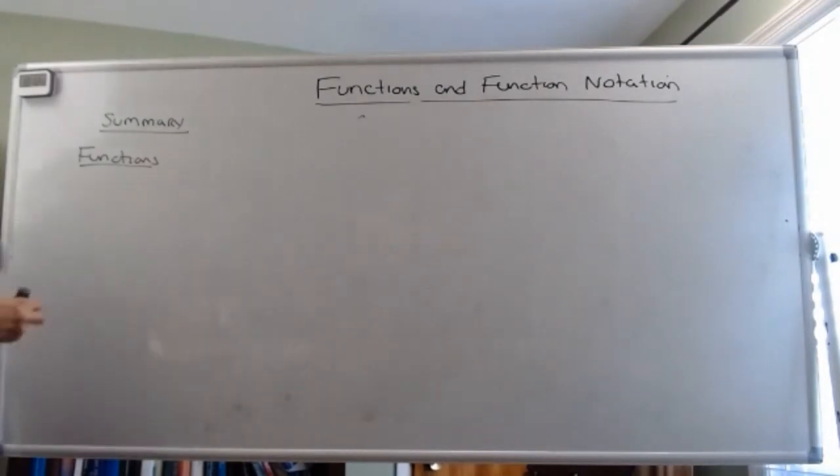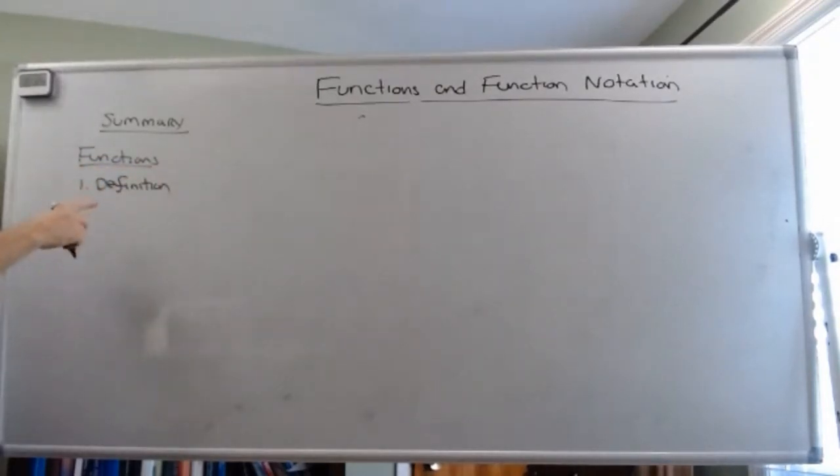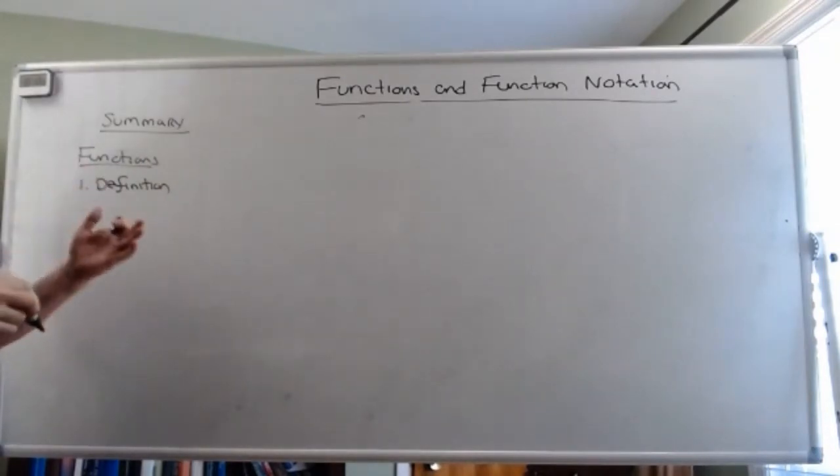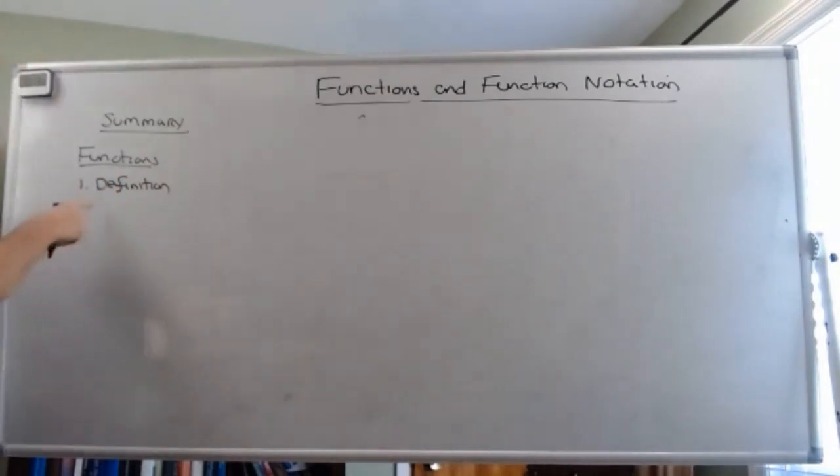Okay, for functions, what did we do? We defined what a function is. So we gave the definition. And then we learned how to find it. We know that it's a set of ordered pairs where the first coordinate is never repeated. We identify it graphically. So we also learned how to identify it with the vertical line test.